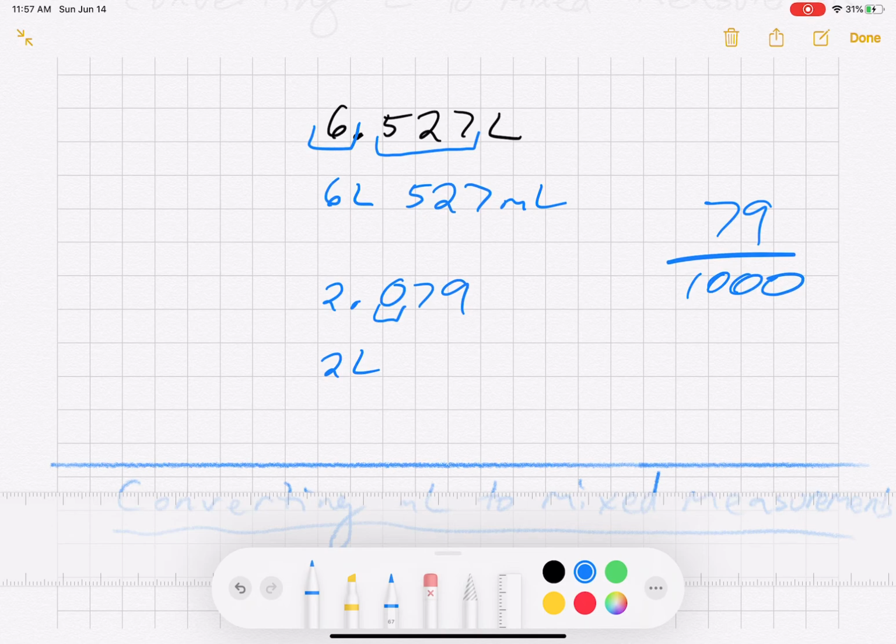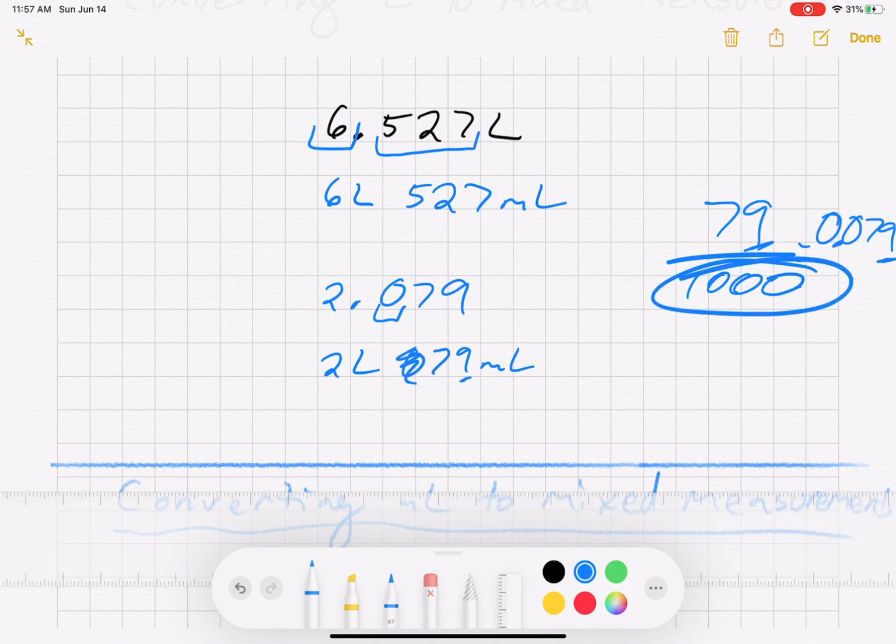You know that it would equal 0.079 because that 9 is going to be in the thousandths place. Okay, it's the same thing. I don't have to write the 0 in front. That 0 doesn't need to be there. Okay, and it would automatically mean that that last number is in the thousandths place. So just give those a try.